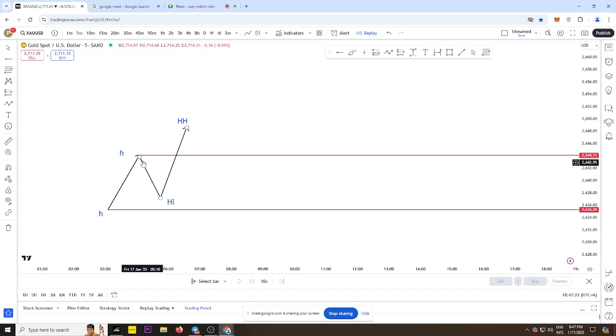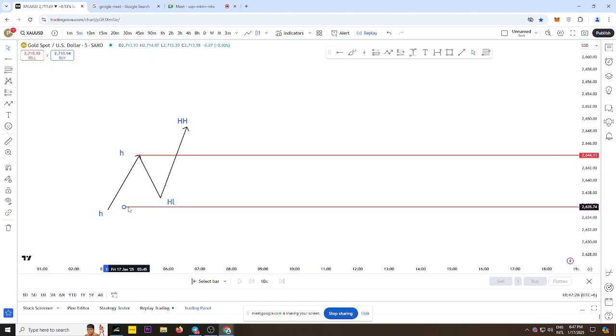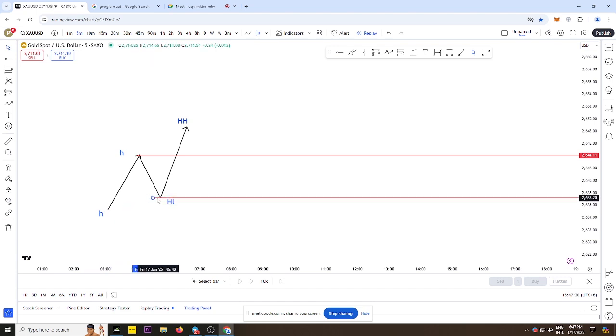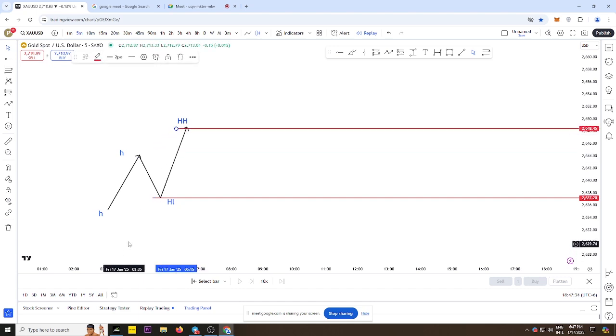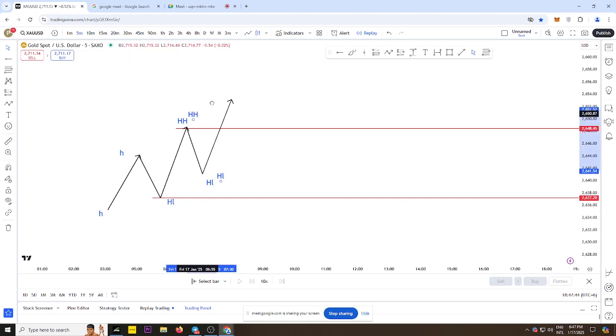From this low to this high, the high got broken. That means we started shifting the phases, like discovering the planet. This is the low and this is the high. Again, if the market comes here and then goes up, that means we get another low and another high.